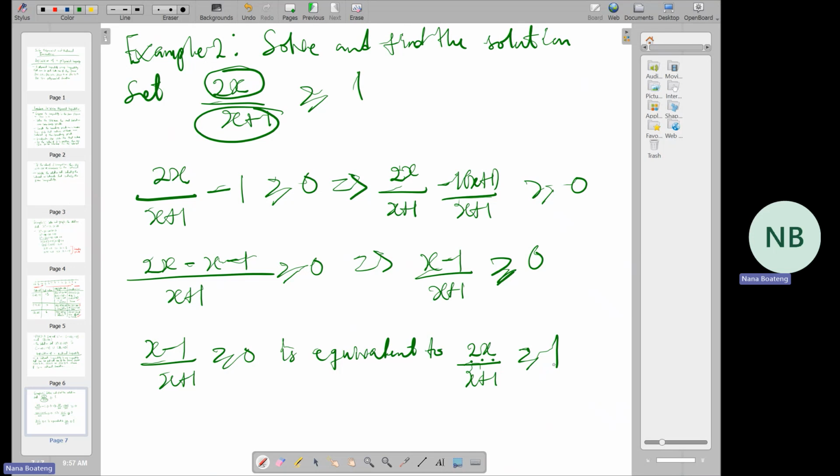These two are equivalent because all we did was simplify the original form to x minus 1 divided by x plus 1.